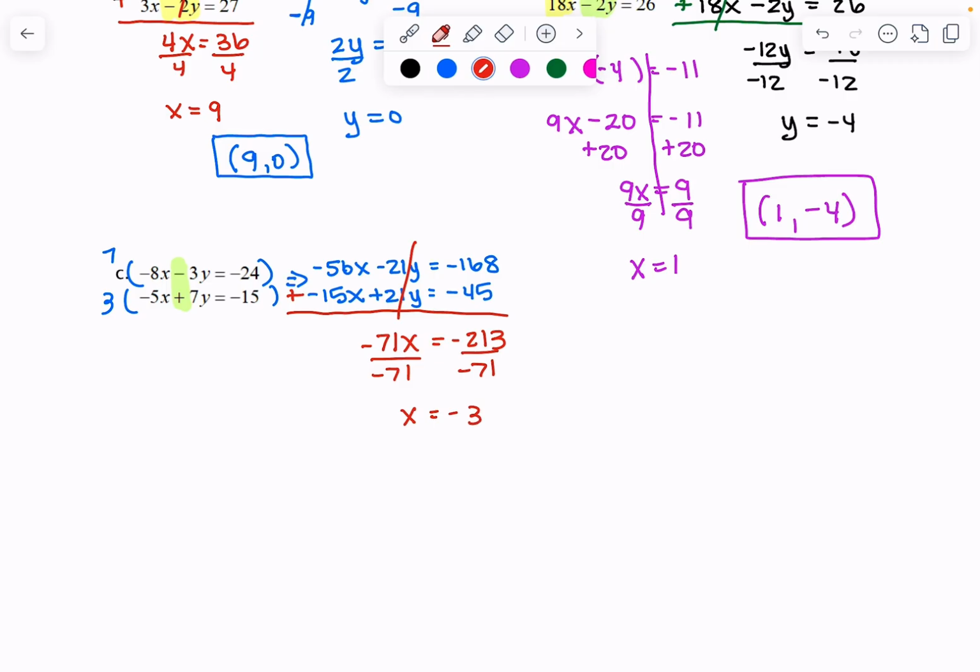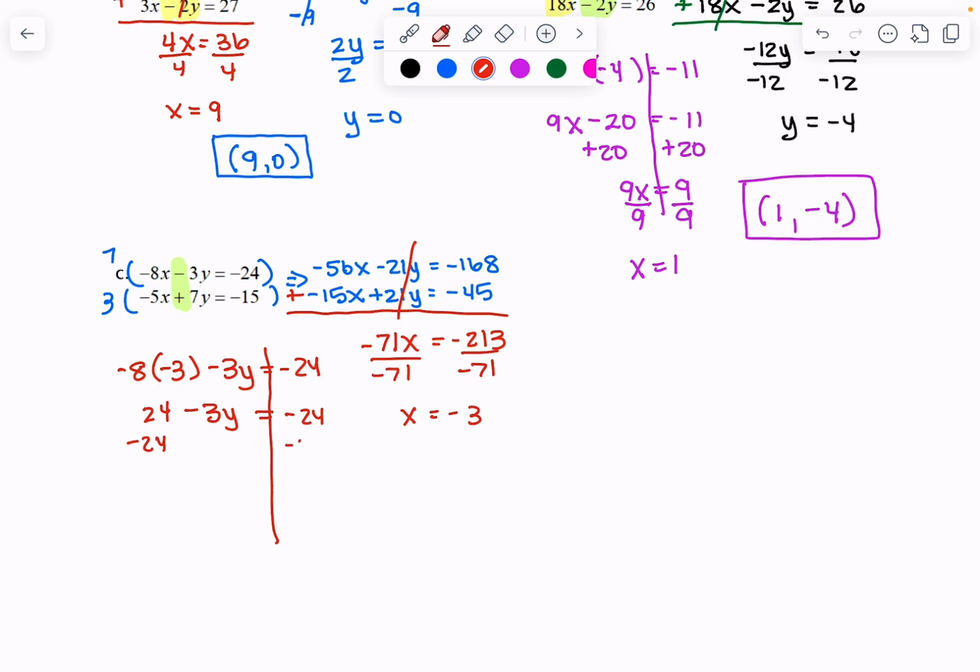Now I'm going to take that, plug it back in. So instead of negative 8 times x, I'm going to have negative 8 times negative 3 minus 3y equals negative 24. And I'm going to solve this for y. This becomes positive 24 minus 3y equals negative 24.